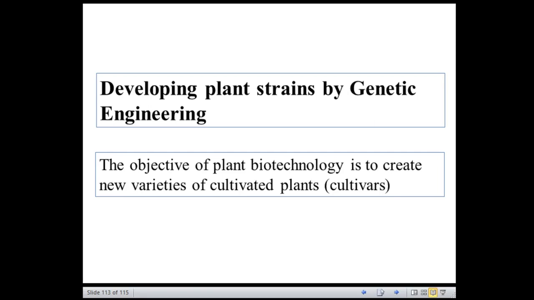Some work has been done on manipulation of the biochemical pathway of flower pigmentation, there is modification of plant products, and most of the research nowadays is into the use of plants as bioreactors.